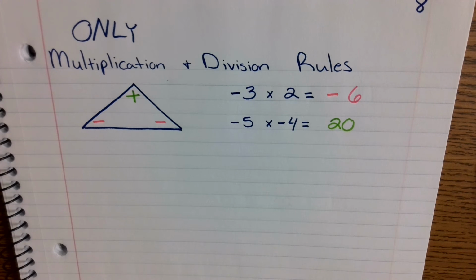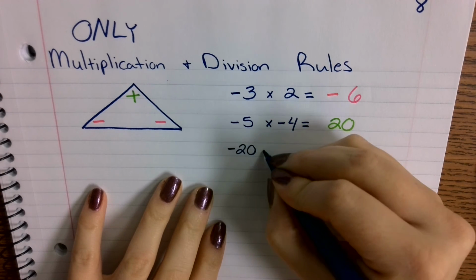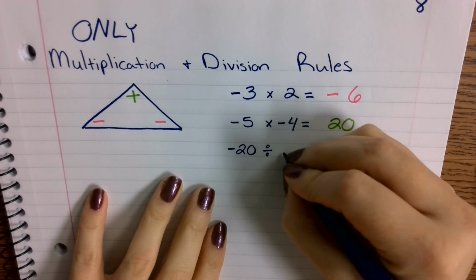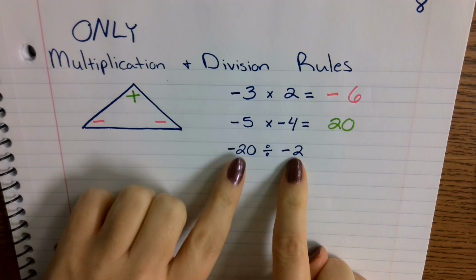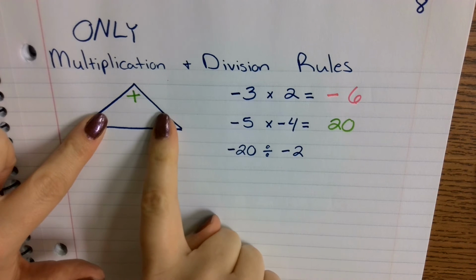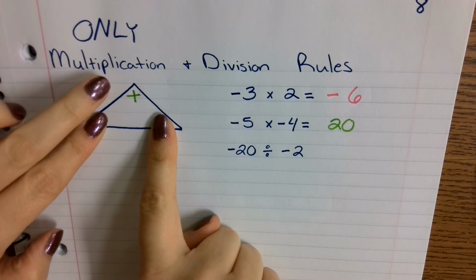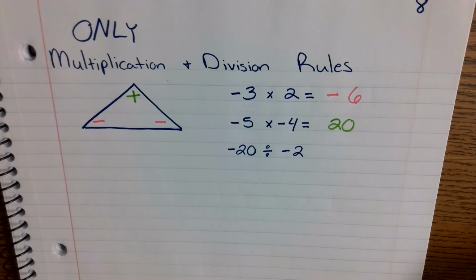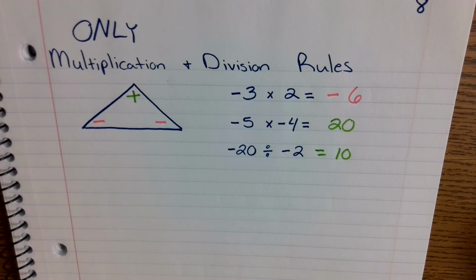Okay? Same thing for division. If I have negative 20 and I'm dividing it by a negative 2, again, I have a double negative. So both my negatives in the triangle are being covered up and I'm left with a positive left over. So that means my answer is going to be a positive 10 because 20 divided by 2 is 10.